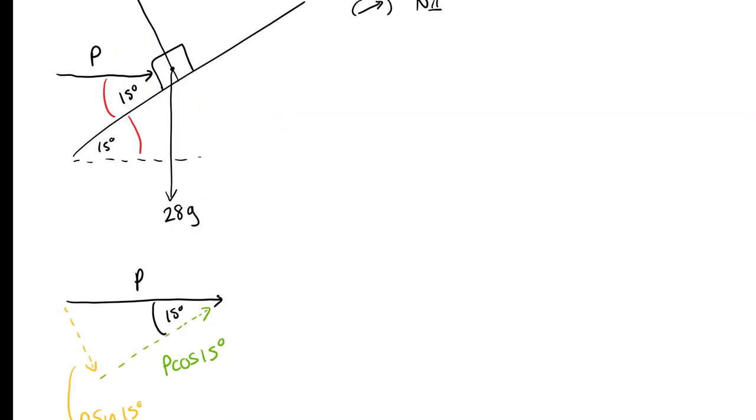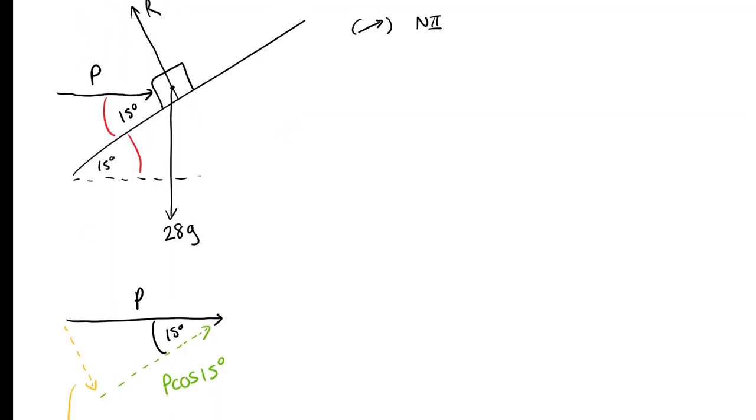Okay. So acting up the slope, we've got P cos 15 degrees, and acting down the slope, so negative, we've got 28g sine 15 degrees. That component is this one here. That's the 28g sine 15 degrees.